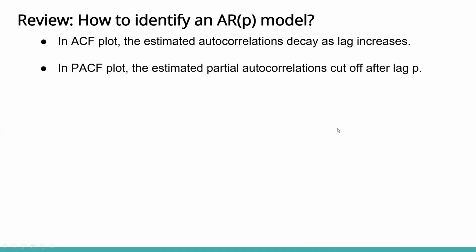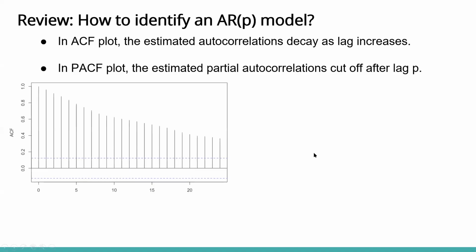If you now take a look at what I have here, you remember we did this last time. You can see this is the ACF plot, and the autocorrelation value is decreasing. This is the autocorrelation plot of a time series data.